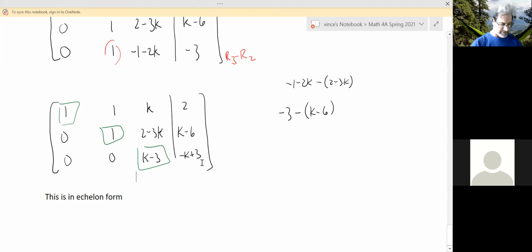All right. So for this particular case, there's kind of one special value of k that's going to make things interesting, right? And then other values of k are going to make it less interesting.